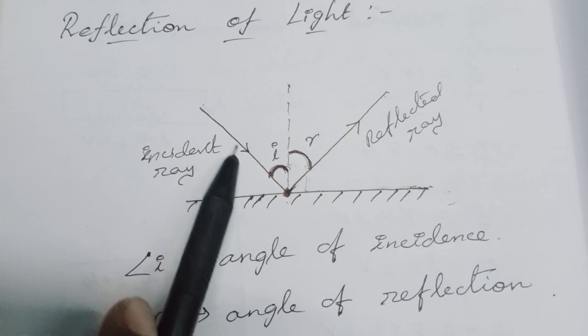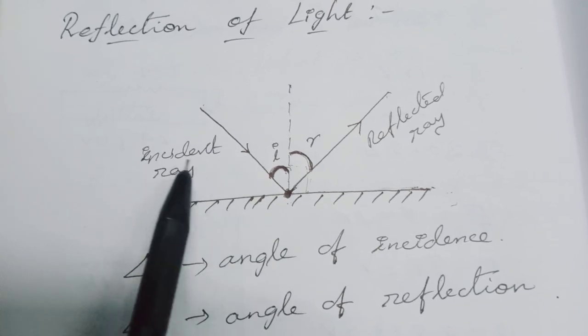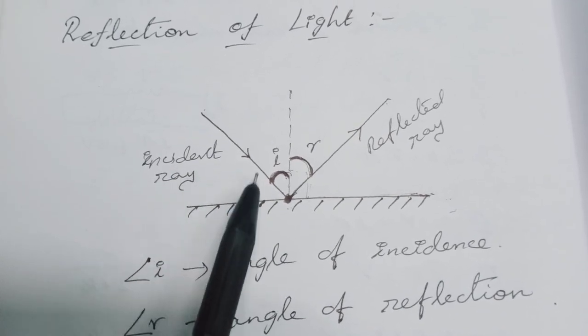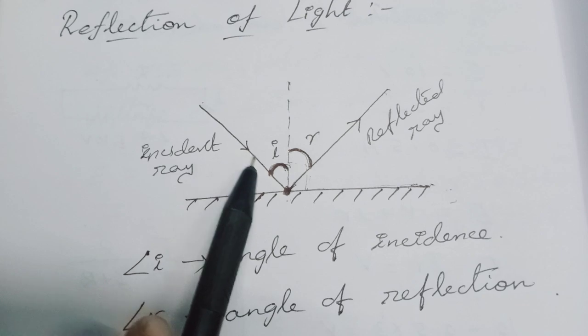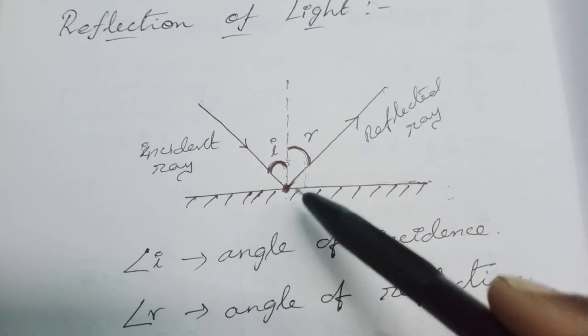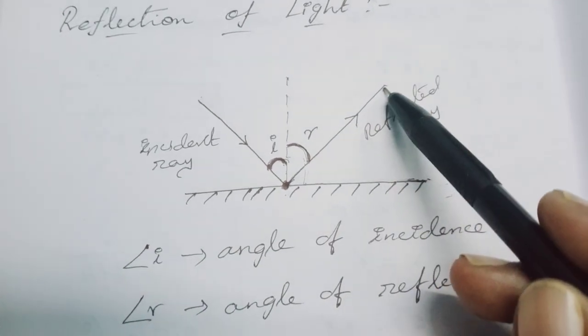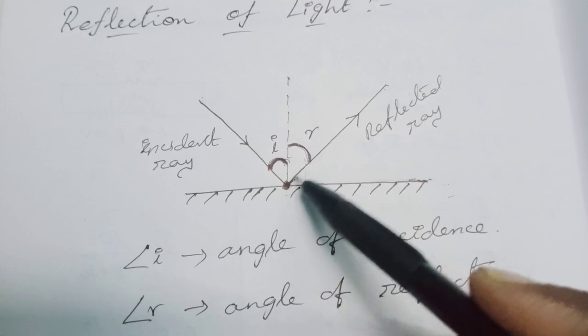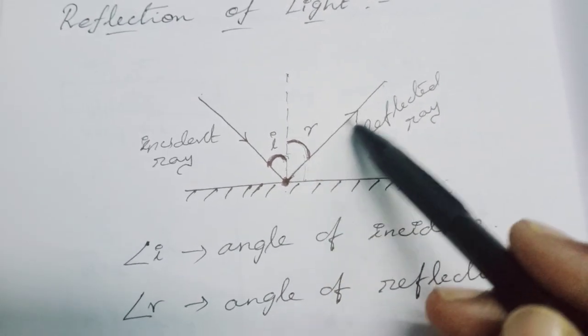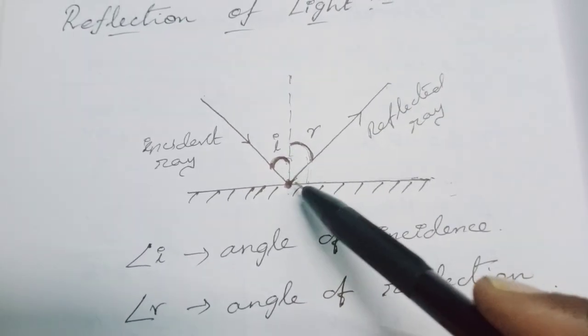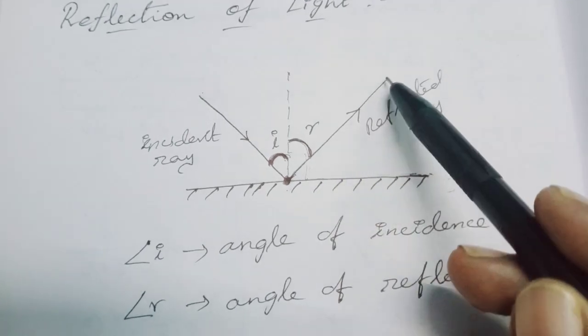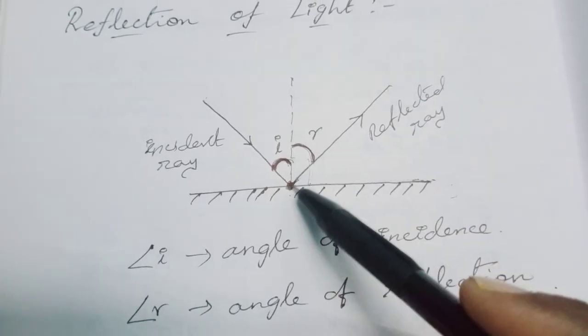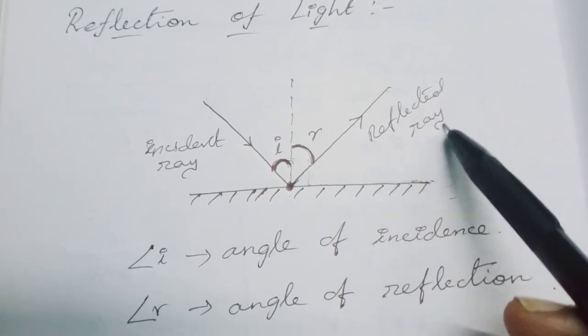What happens when the incident ray falls on the mirror? It rebounds back to the same medium, it is returning back to the same medium. This rebounding ray is called the reflected ray.